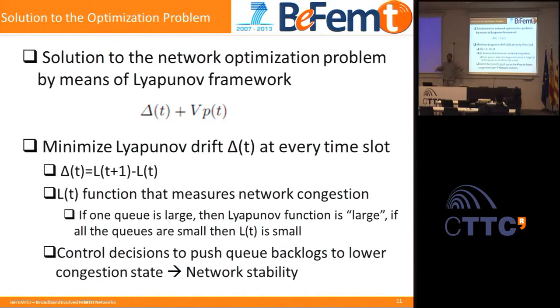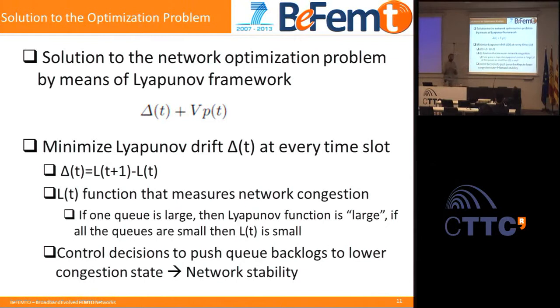They have a complete view of the congestion state of the network, and in each time slot, they take the control action, whatever routing decision you are doing, so that you reduce and evenly distribute the load throughout the network. You try to go to a lower congestion state. That's the main measure, and in this way, you get network stability.